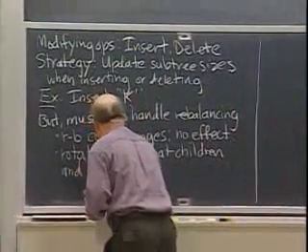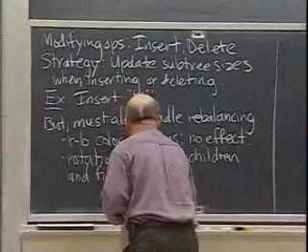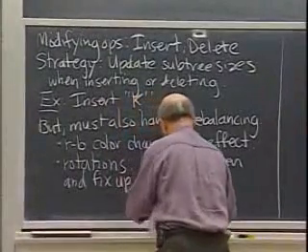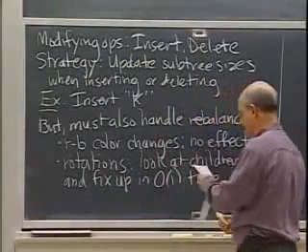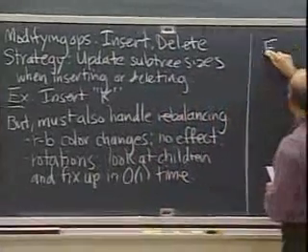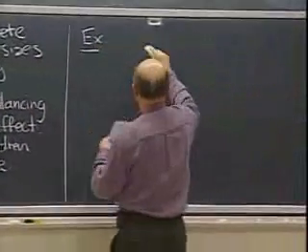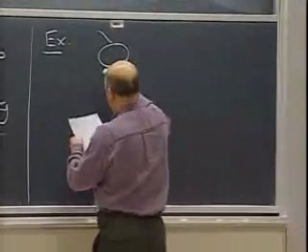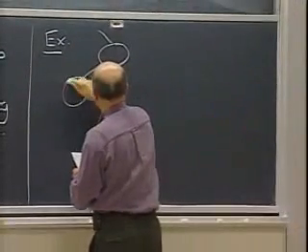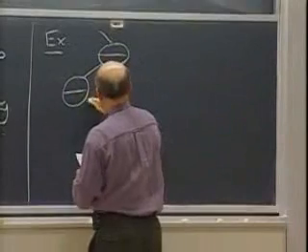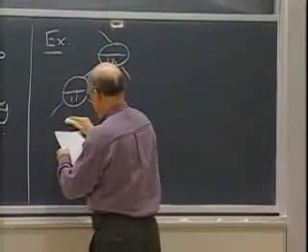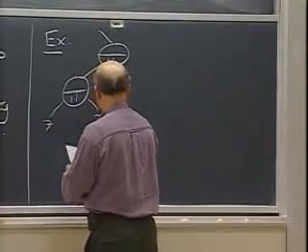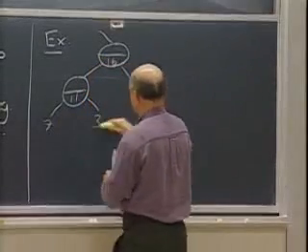And fix up, in this case, in order 1 time per rotation. So, for example, imagine that I had a piece of my tree that looked like this. Let's say 7, 3, 4 are the subtree sizes.